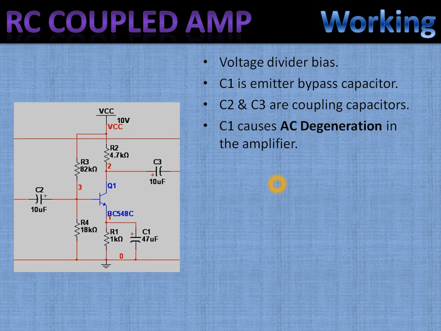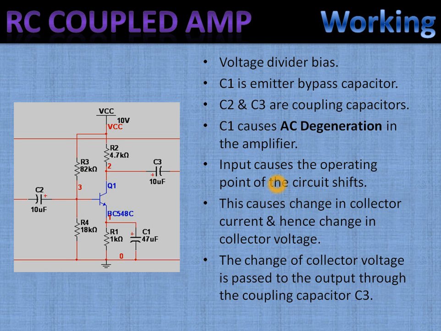It is basically needed to stabilize the AC operating point and to remove AC degeneration. RE is used as a negative feedback resistor which stabilizes the circuit. Without CE, RE will nullify the effect of small AC input. This is called AC degeneration.